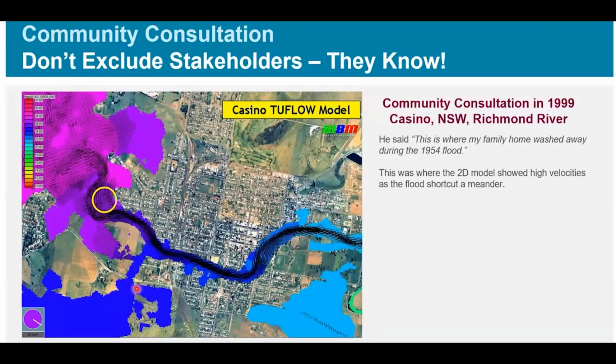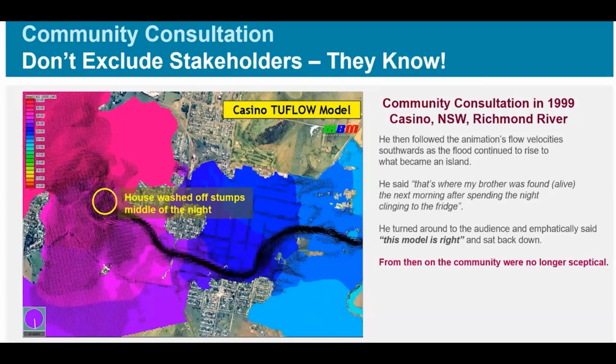And sure enough, if you look at the results there, you've got high velocities cutting across this meander and flowing out around about here. So his family home was washed away. He was a kid at the time. Then he kept looking at it, and he said, the flow goes down here and then across here and ends up at this island, this little island in the middle of the floodplain.